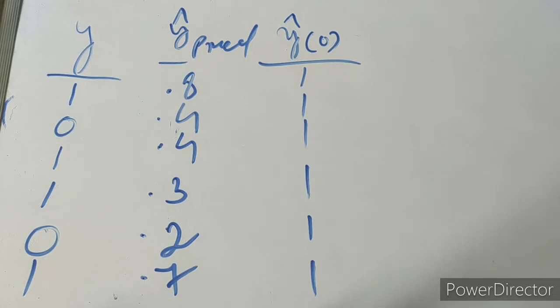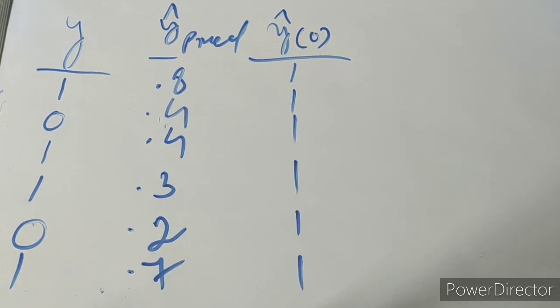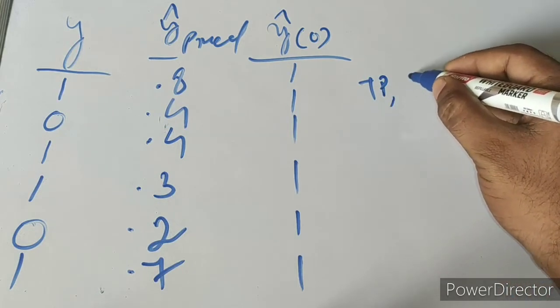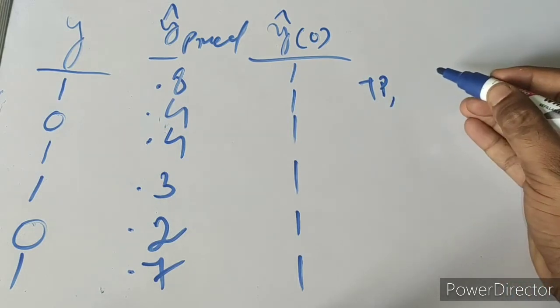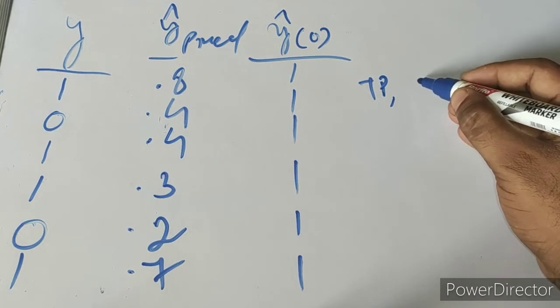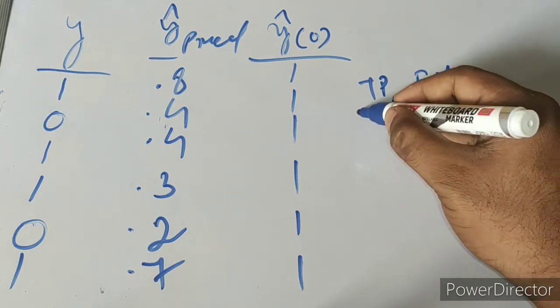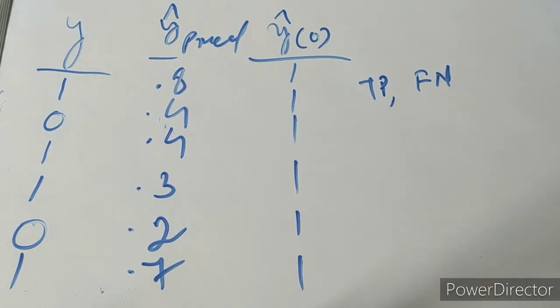Once the output is identified for prediction, we need to find our true positive and false negative, because the formula is true positive divided by true positive plus false negative.